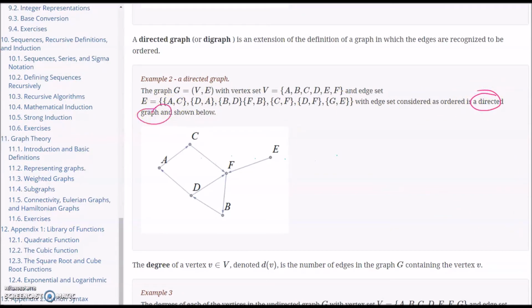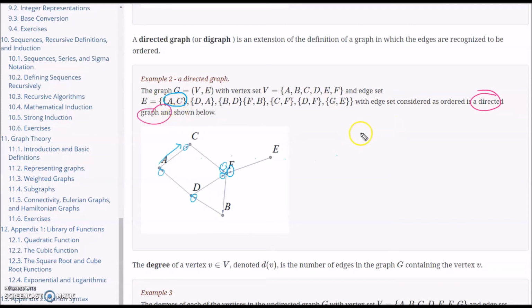That means all of these edges are going to have arrows on them, indicating which direction the edge goes. So I'm going to draw this graph again to show that we can symbolize it different ways. But notice one thing right here. When I write down in a digraph AC, that means the direction of the arrow goes from A to C. So whichever one comes first is where the arrow originates, and whichever one comes last is where the arrow terminates.